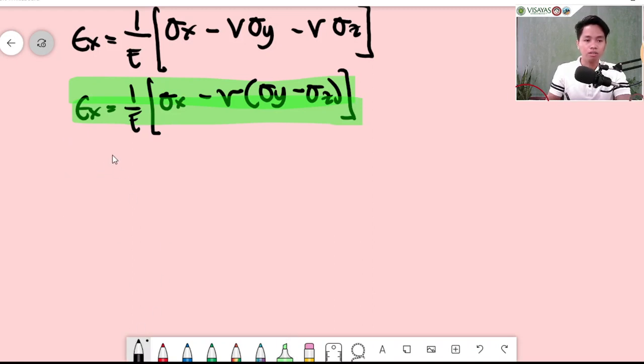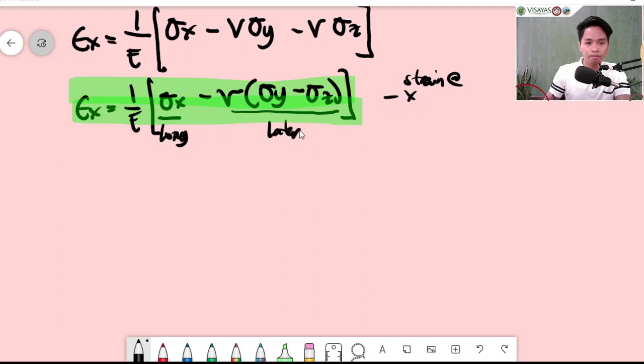The pattern here, if you are solving for the strain at x, is that the first term is the stress at x. That is the longitudinal one, and the other two would be your lateral.